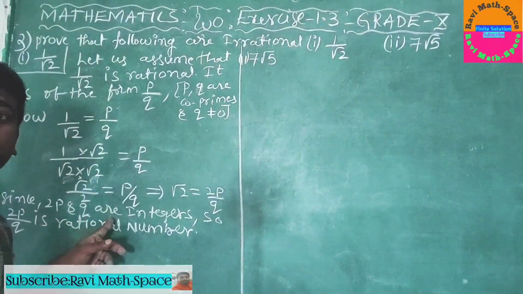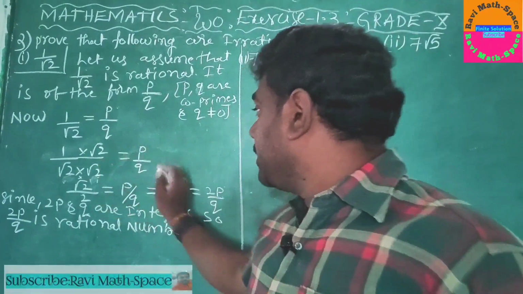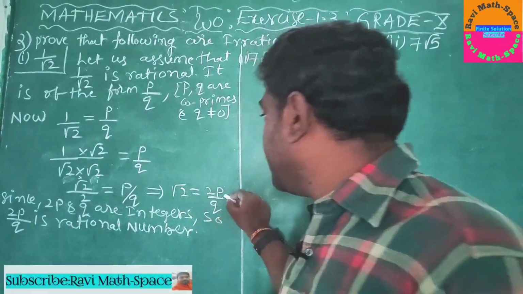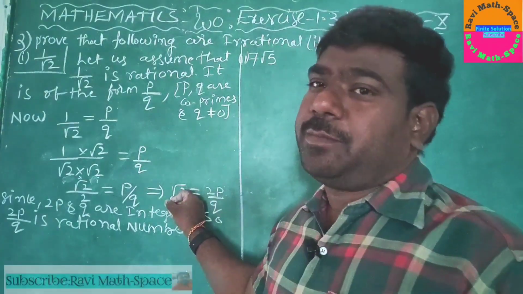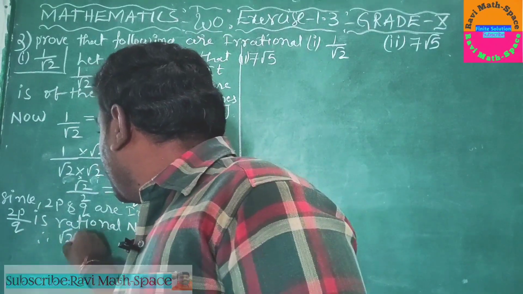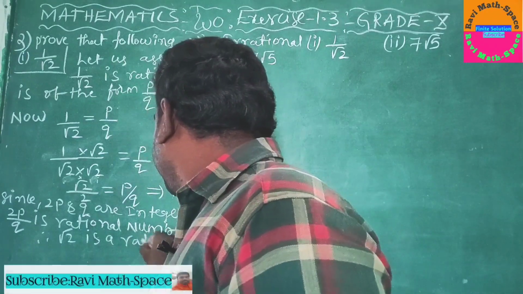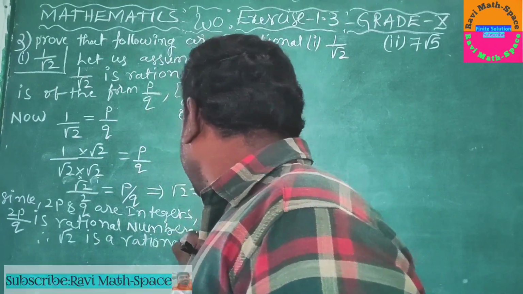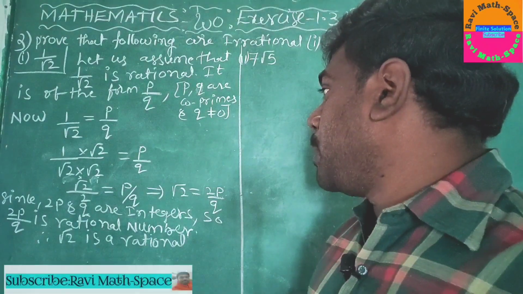When it is a rational number, automatically the right side is now a rational number. The right side is equal to the left side, therefore root 2 is a rational number.